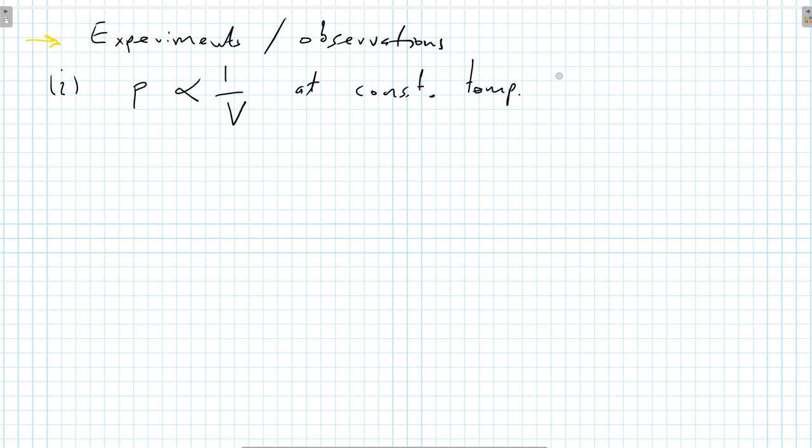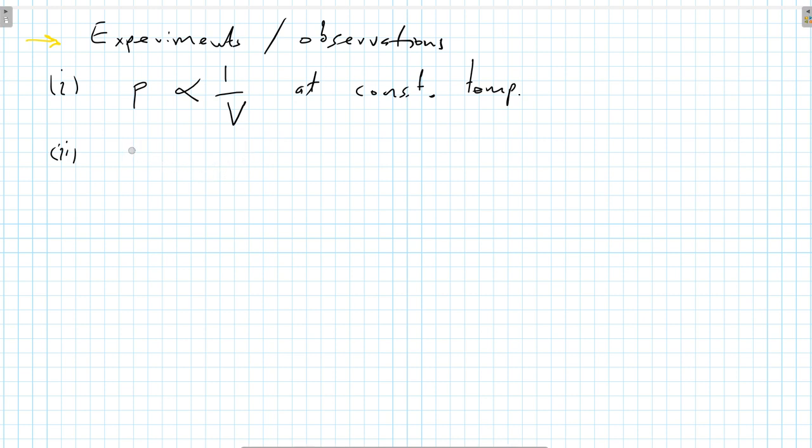This is a result obtained by making an experiment on gas, and it has been observed that, everything being equal, if the volume of a gas is increased, then its pressure decreases, provided that the change in volume happened at a constant temperature.